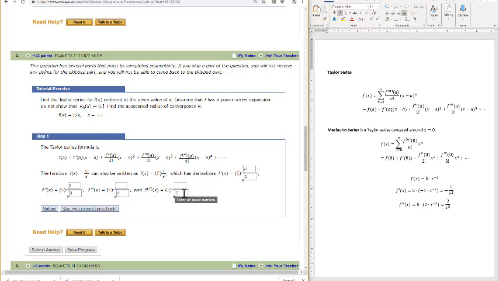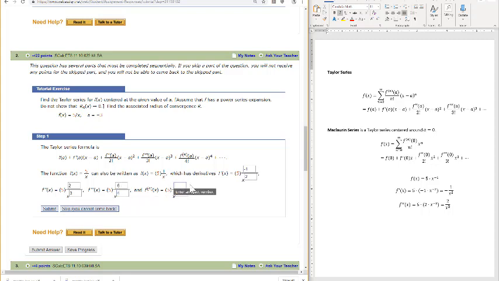The power in the denominator is going to continue to go up, and the numerator is actually going to get multiplied by a negative of the previous power. So this is going to be negative 3 times positive 2. That's going to give us a negative 6. And then it's going to be negative 4 times negative 6.